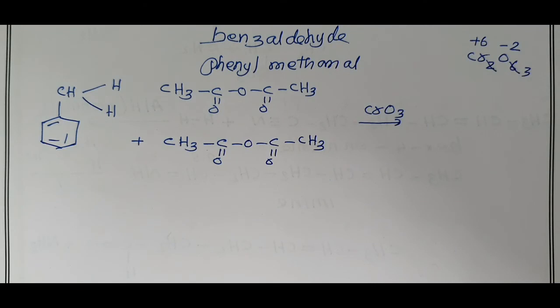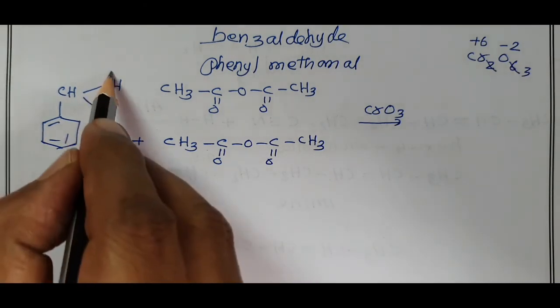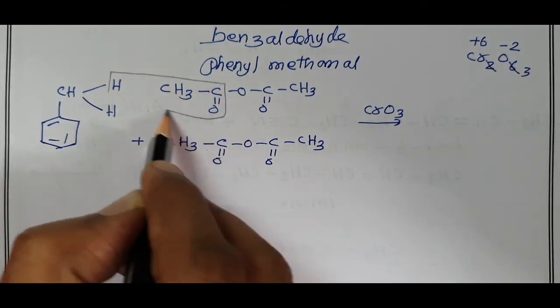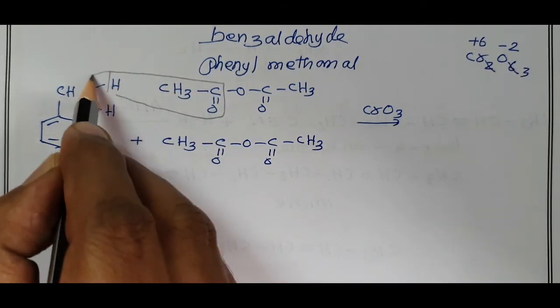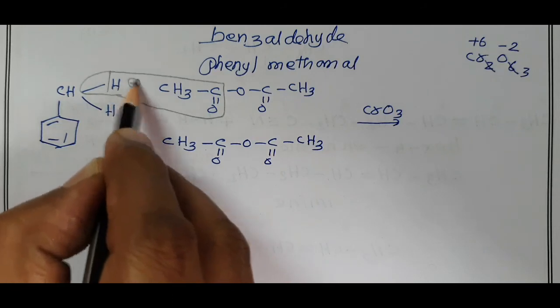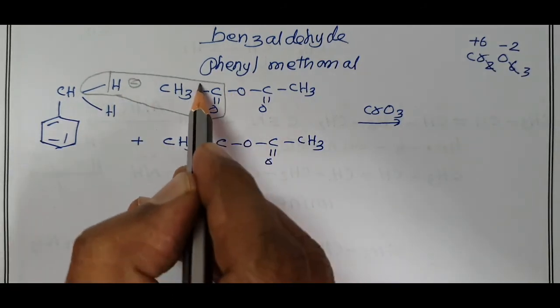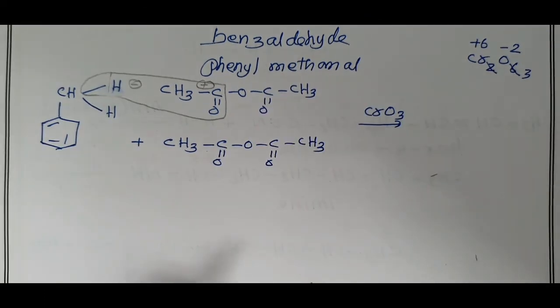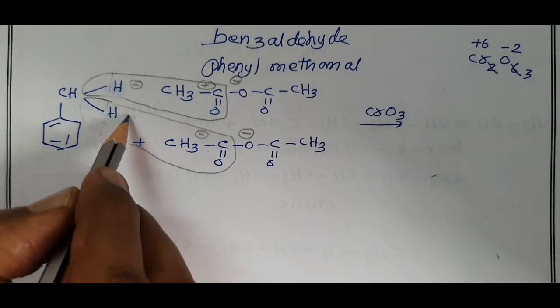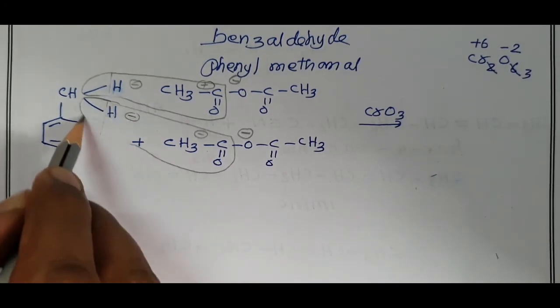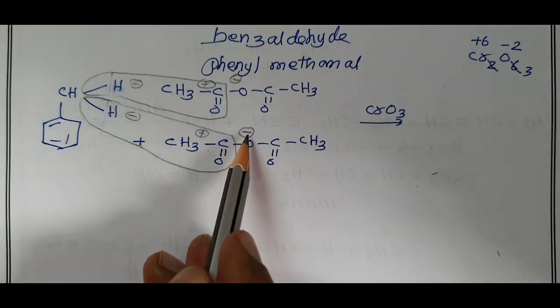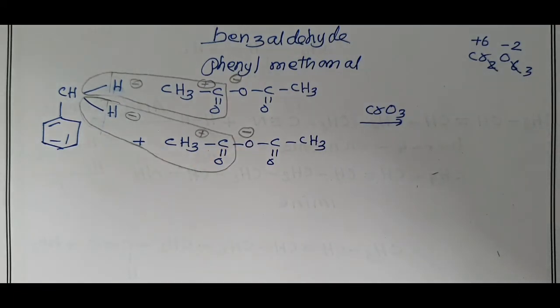What happens? 1 H plus and CH3 C double bond O, this is actually added with the H minus. Now acetyl plus is removed as acetaldehyde, H minus along with the bond, and acetyl plus. This acetate minus is added to this carbon atom.